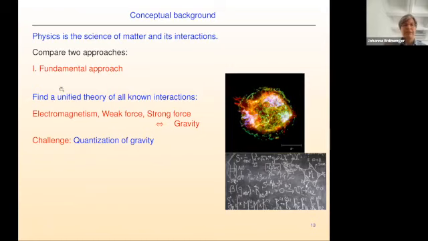So this is what I call the fundamental approach. This is more a theoretical issue. It's not so much that we want to be able to describe some physical processes in some lab. It's just a theoretical concept that it would be nice to have one theory that fits all of the interactions. So it's a more aesthetical, fundamental goal, if you want.